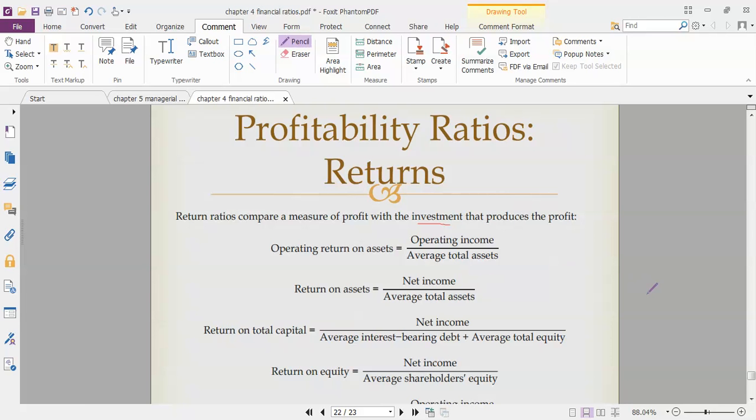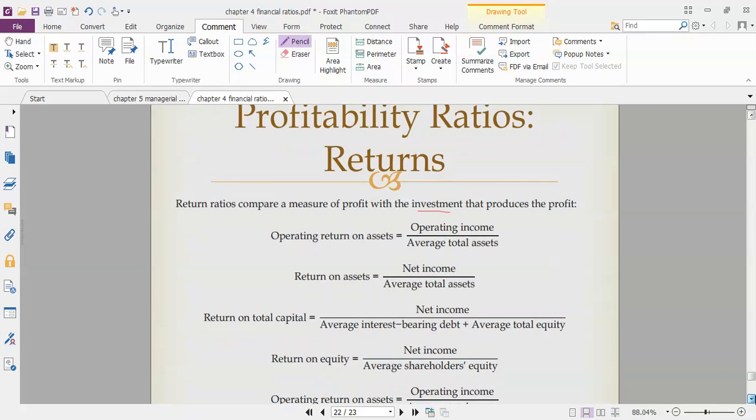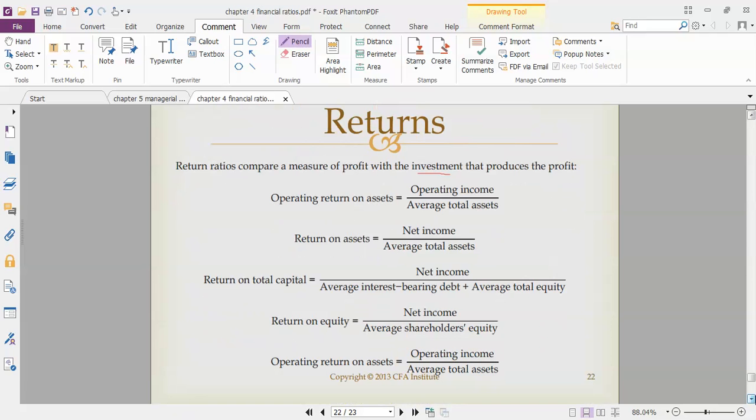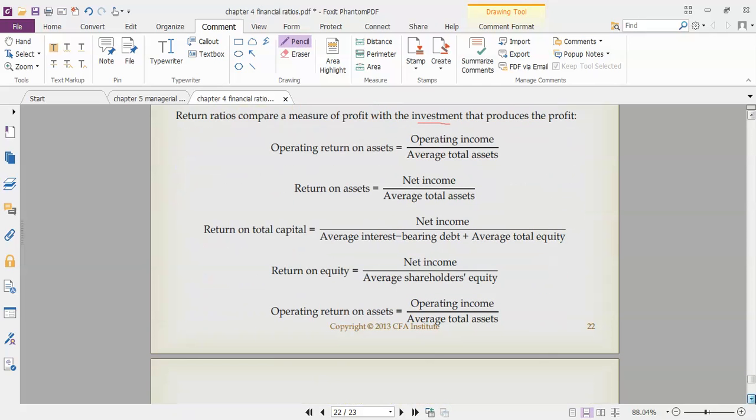Return on total capital is net income divided by average interest-bearing debt plus average total equity. Then how about return on equity? Return on equity is equal to net income divided by the average shareholders' equity.